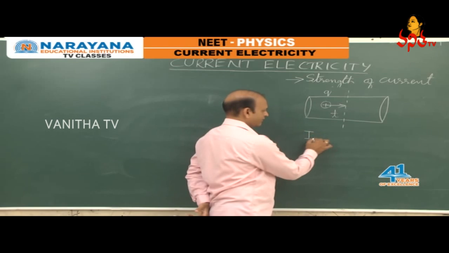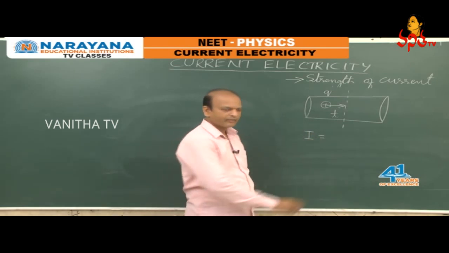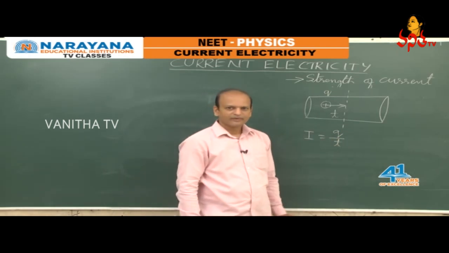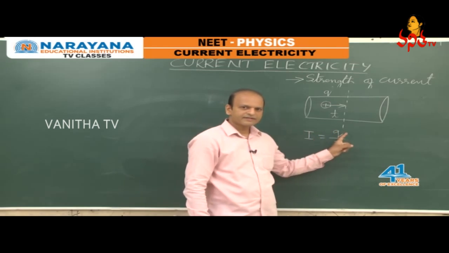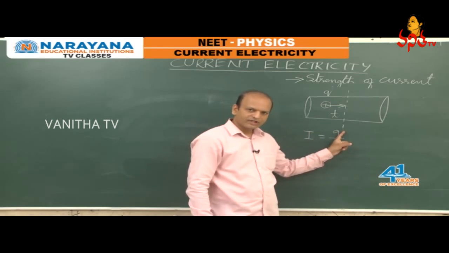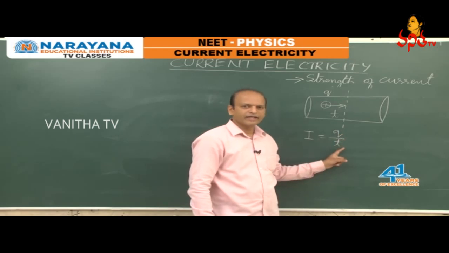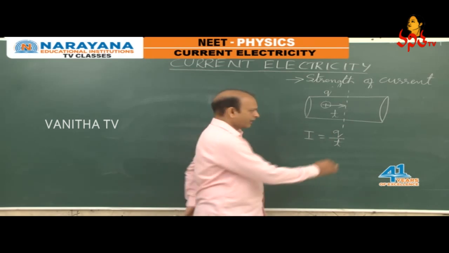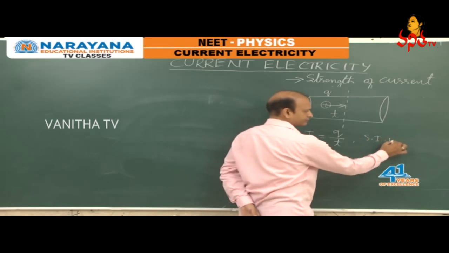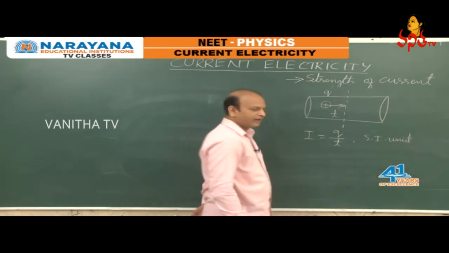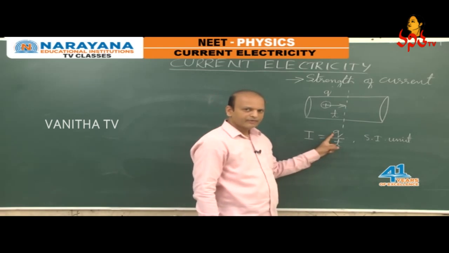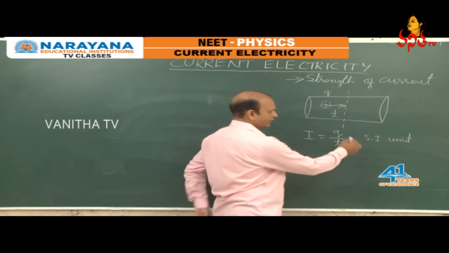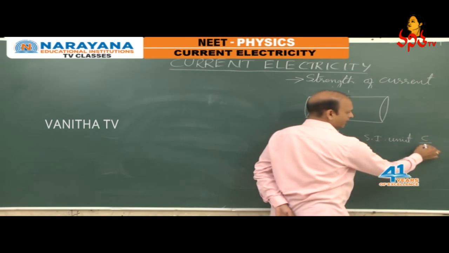This current we define as I, so that is given by Q by T. Strength of current is defined as the amount of total charge passing in unit time, so that is Q by T. Coming to its SI unit, Q is a charge, its SI unit is coulomb, time is in second, therefore its SI unit is coulomb per second.